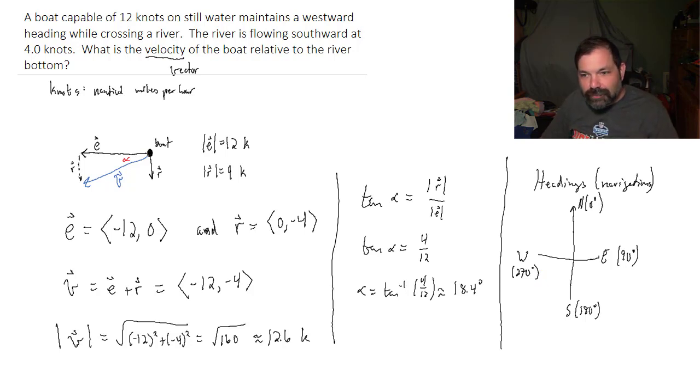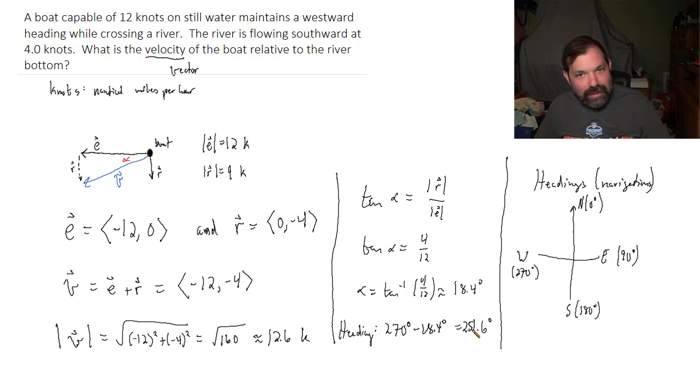And so since alpha is 18.4 degrees and it is south of west, then our heading might be described as 270 degrees minus 18.4 degrees, 251.6 degrees. So our velocity vector is negative 12, negative 4.